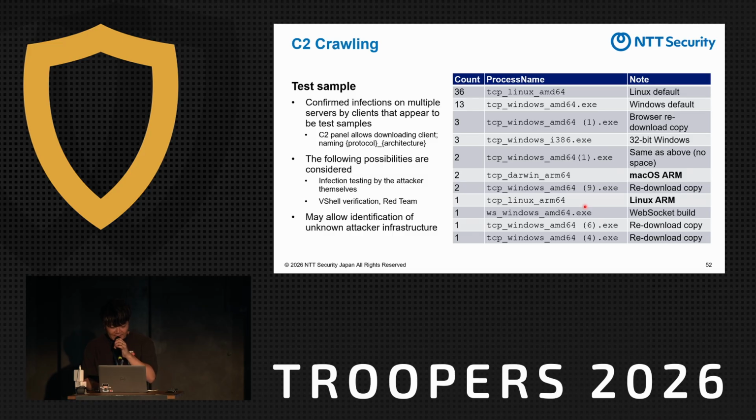We also observe file names with the suffix (1), which likely indicates repeated downloads by a browser. These patterns suggest that the activity could be infection testing or operational validation by the attacker, or potential red team style usage. Furthermore, identifying such test patterns may help uncover previously unknown attacker infrastructure.